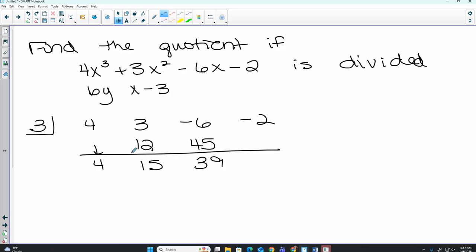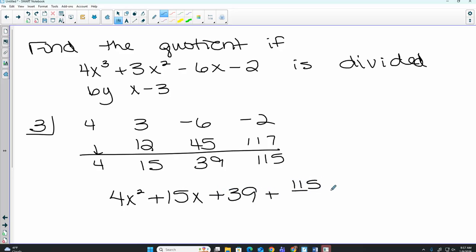No. 39 times 3, oops, 117, plus -2 is 115. So how would I write that? Remember, the power always goes down by 1. So since the original was x to the 3rd, this one will be an x squared.